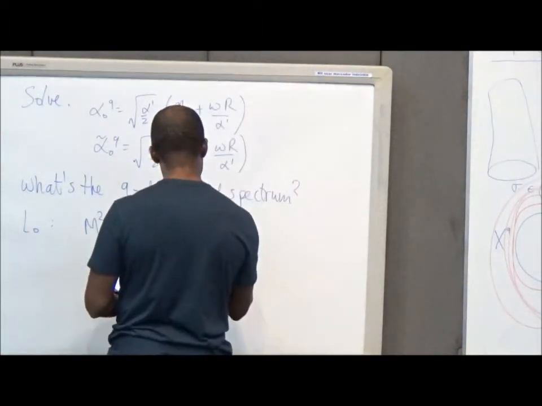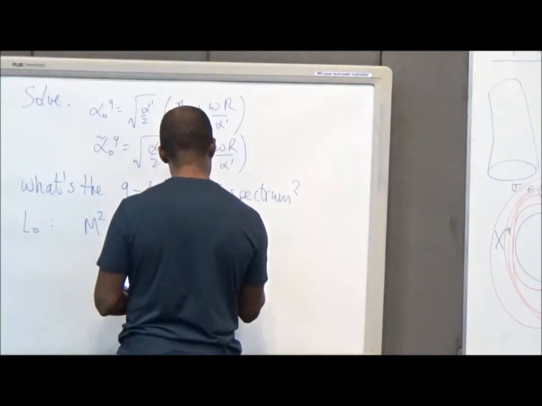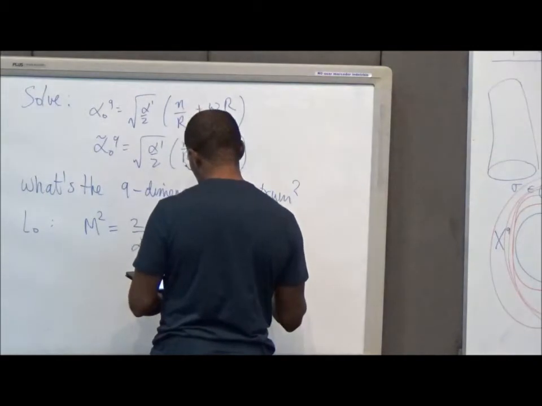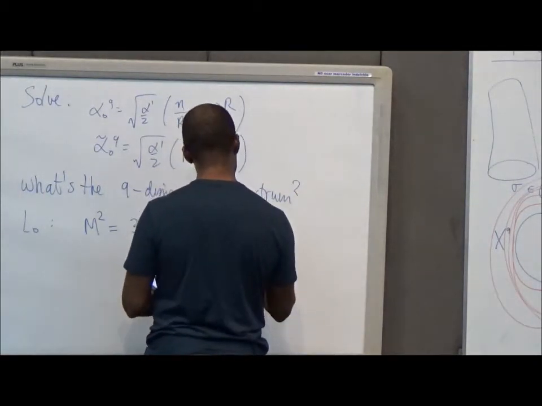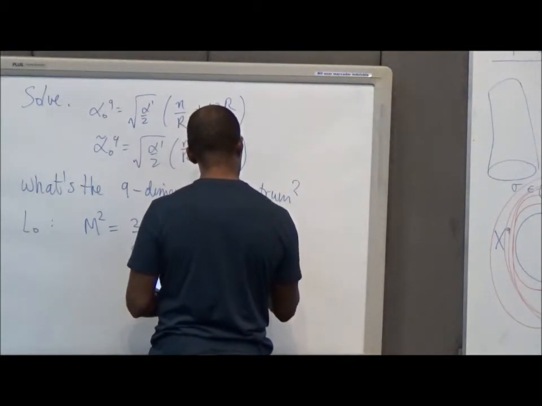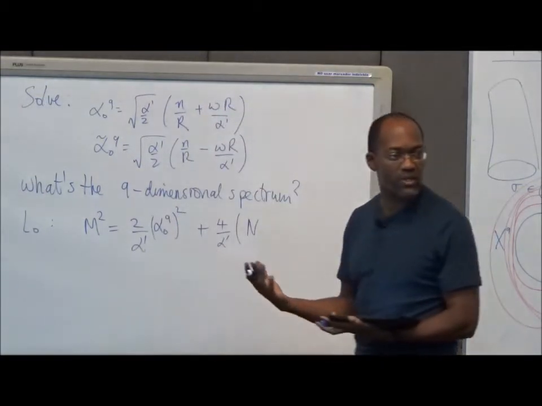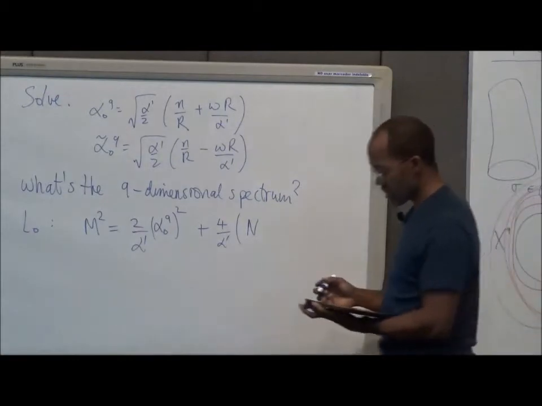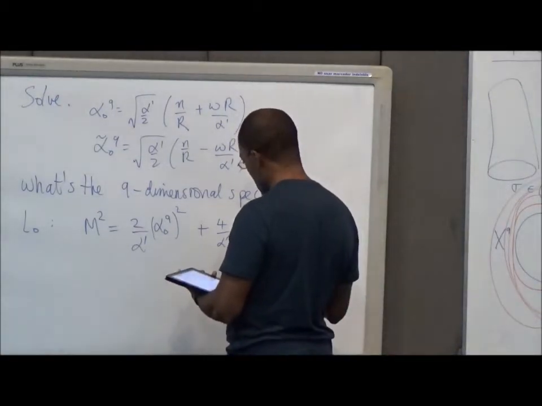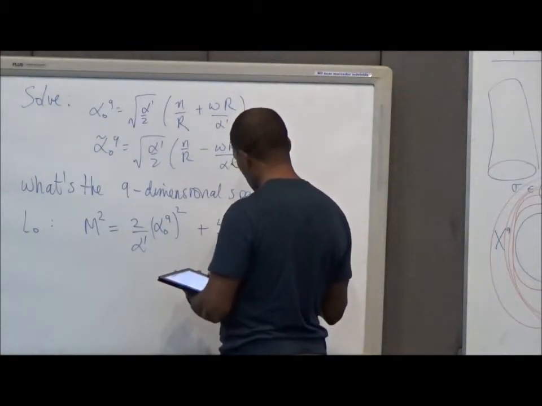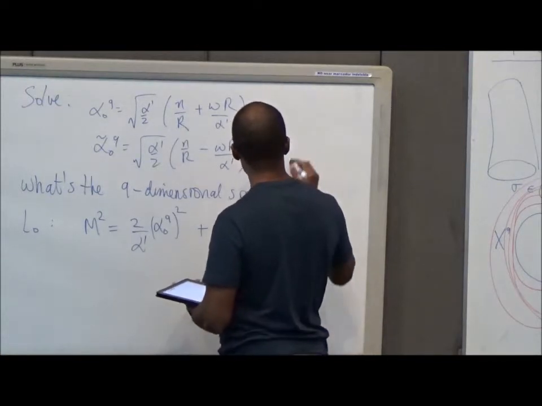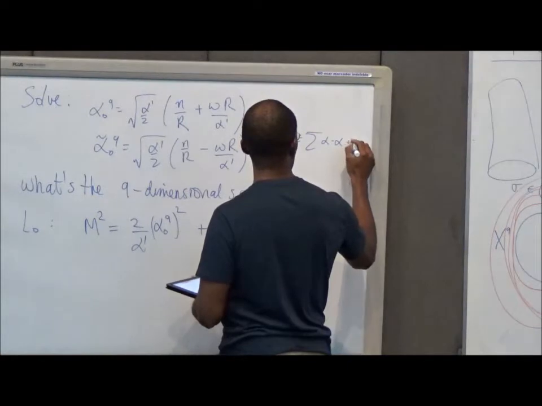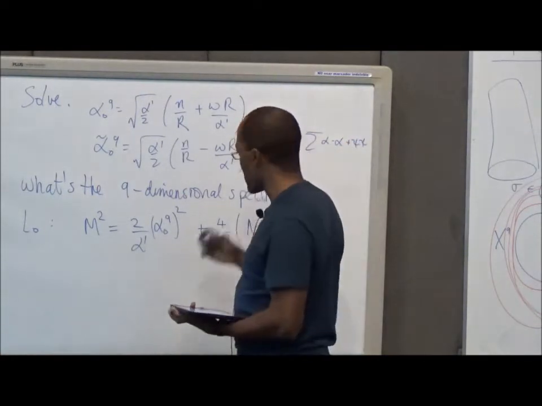And then the rest is just the stuff that comes from the oscillators, which, if you work it out, in the closed string units we're using, is 4 over alpha prime N, which is just the number operator counting how many oscillators are excited, plus a. So N is some alpha plus psi, the usual thing, right?